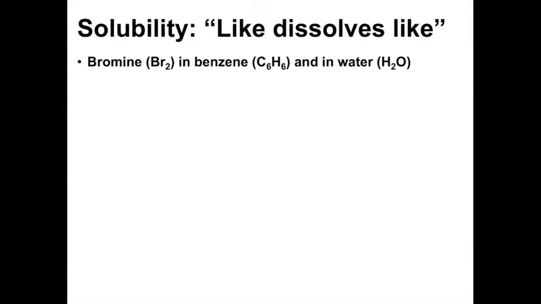When we talk about solubility, the expression like dissolves like always pops up. So when we say like dissolves like, it refers to the interparticle or intermolecular forces of attraction that your solute and your solvent can form.